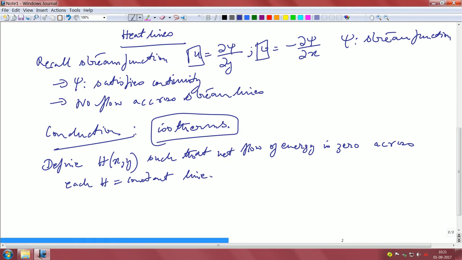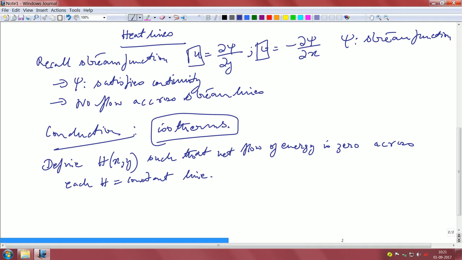This is exactly similar to the definition of the stream function. In the stream function, this h is basically psi, and there is no mass flow across the psi equal to constant lines. So, each streamline is represented like that, psi equal to constant.